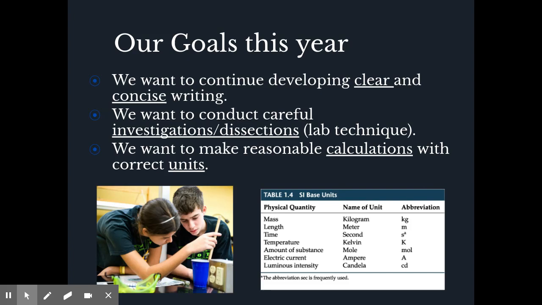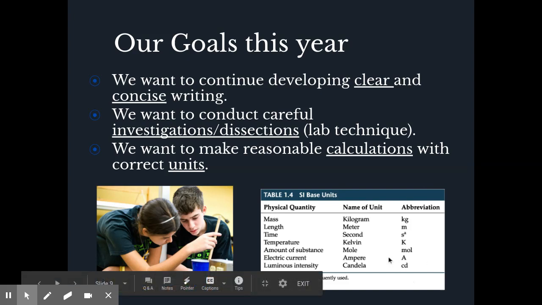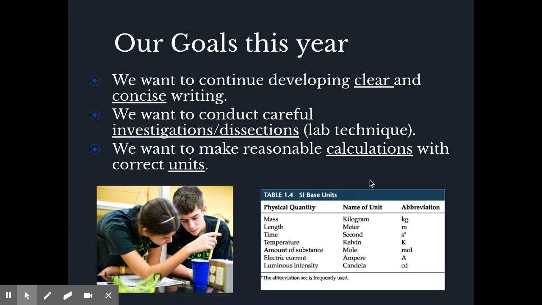So, for example, if I said, oh, I have 6, you would say, Ms. Dorsling, what do you mean you have 6? You have 6 dogs, you have 6 apples, you have 6 pounds, you have 6 degrees. What kind of 6 are we discussing here? You always want to have a unit with that number, otherwise that number can get lost. So we always want to make sure we're labeling things.